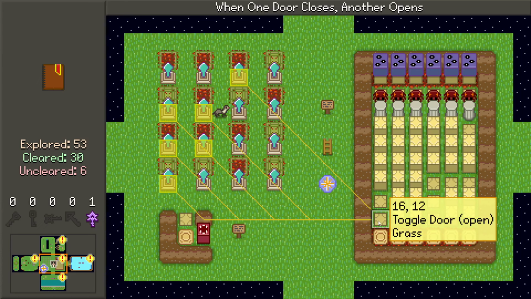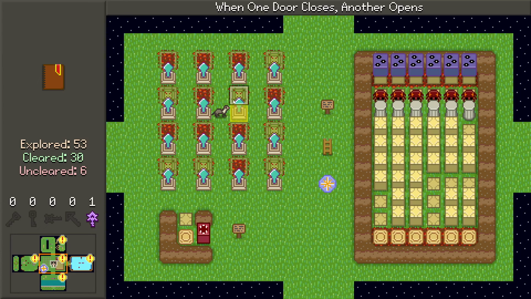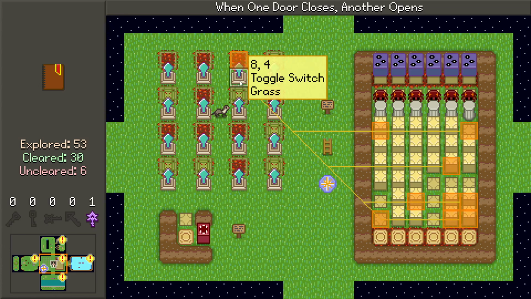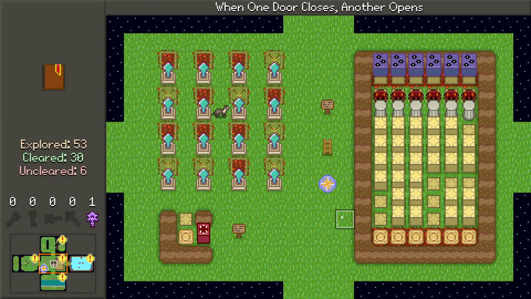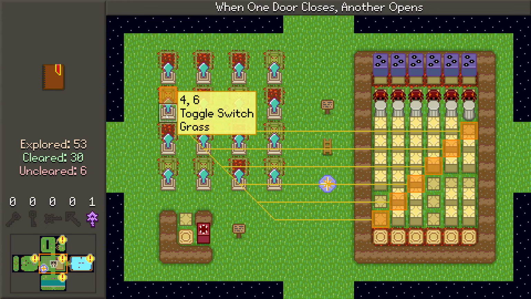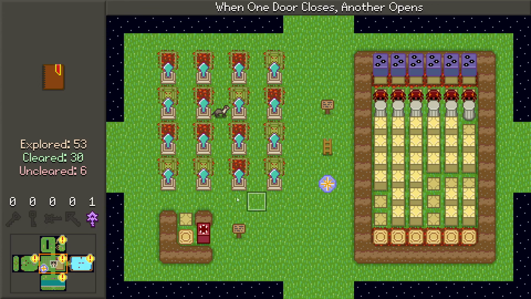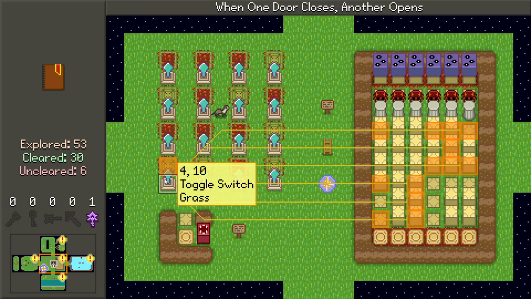Of the ones this is connected to, I think a lot of them are known. Yeah, I can trim down this 6 to a much lower number. Because 8-4 I know must be off, right? Yes, 8-4 is known. 4-6 is known, I remember that off the top of my head. 4-10 I think is known?